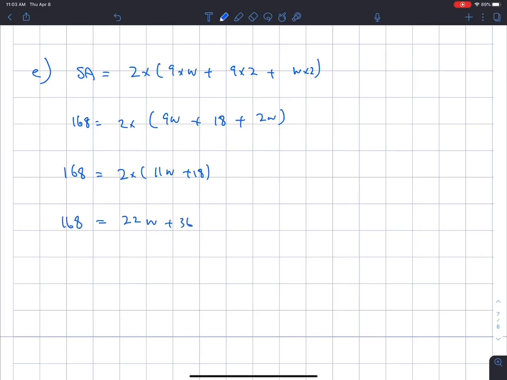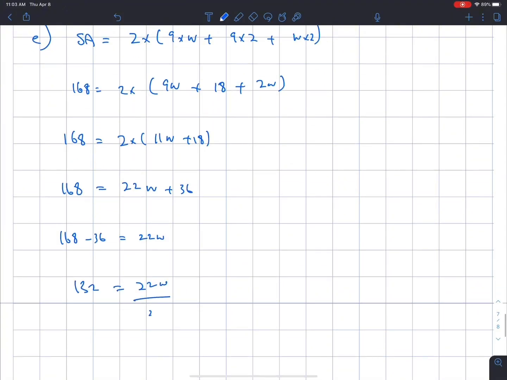And then now we can just use our algebra skills to solve for W. I can move the 36 over to the left-hand side, and then divide both sides by 22.